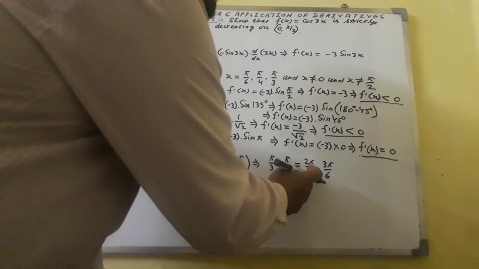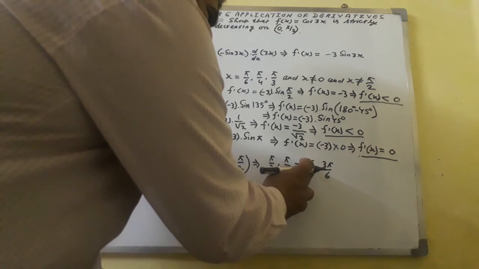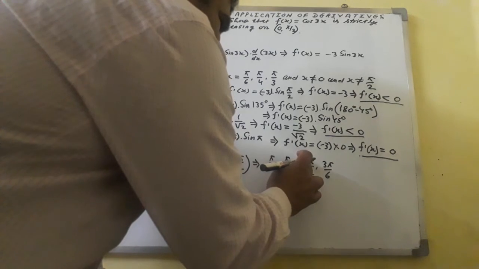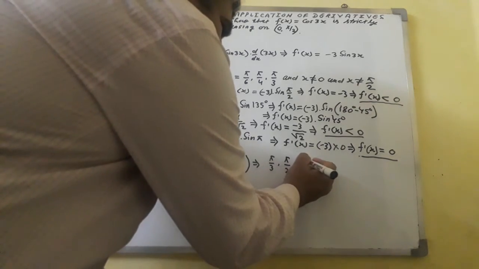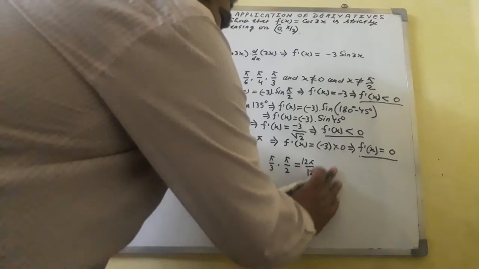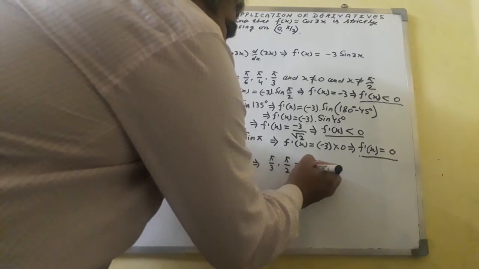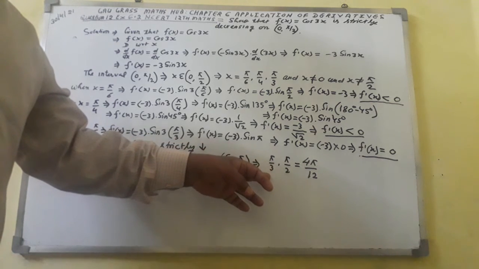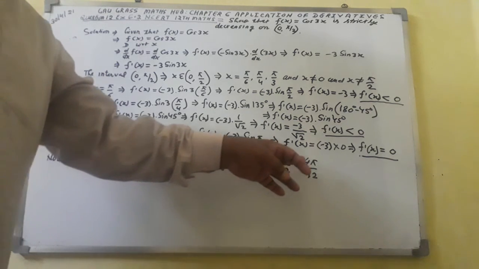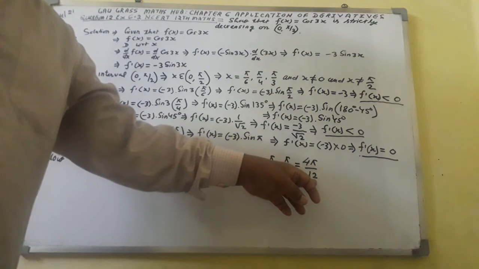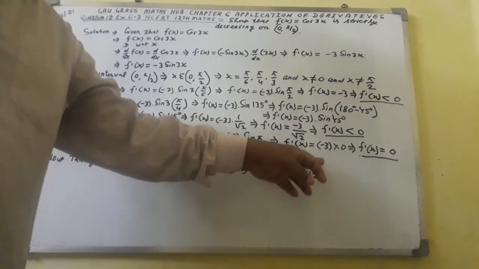Just 6 to the 12. So here I shall write 6 to the 12. So here write 12. Here I shall write 4 pi over 12, because pi by 3 can be written as 4 pi by 12. 4 3s are 12, so in denominator we will get here 3. Pi by 3 we will get.